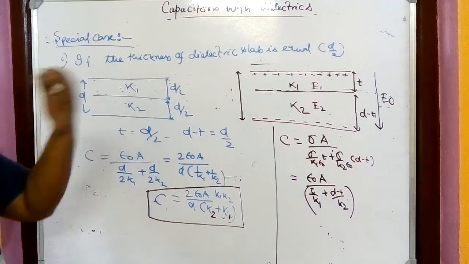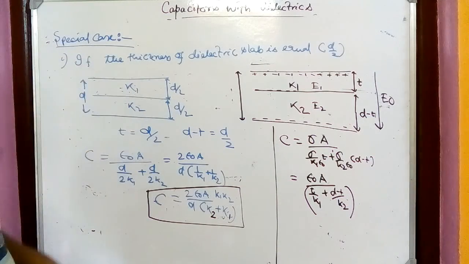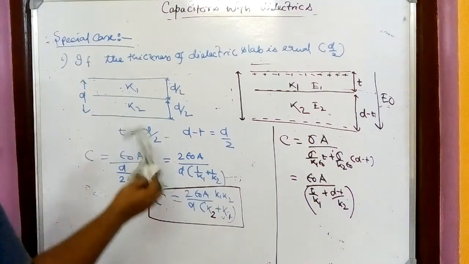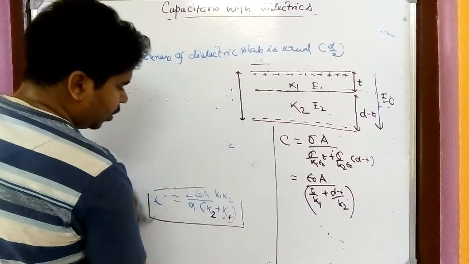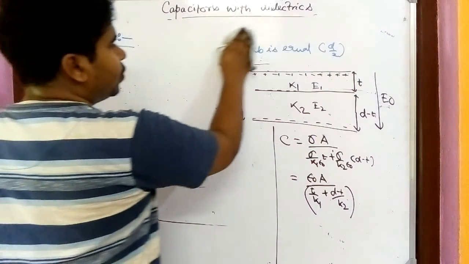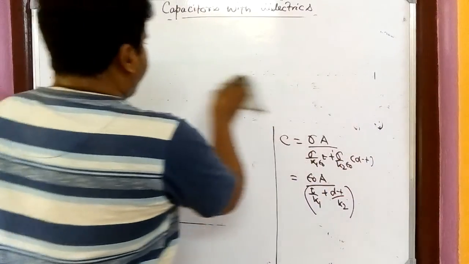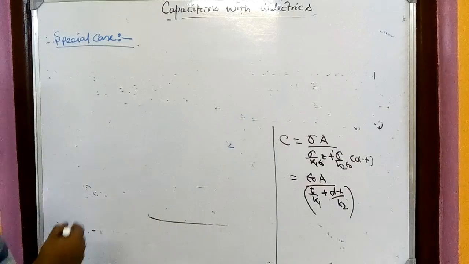Okay, so we'll go for the second case. Second special case. So that was special case number 1. Now we'll go for special case number 2. Now also we are introducing two dielectric slabs, but in a different manner.